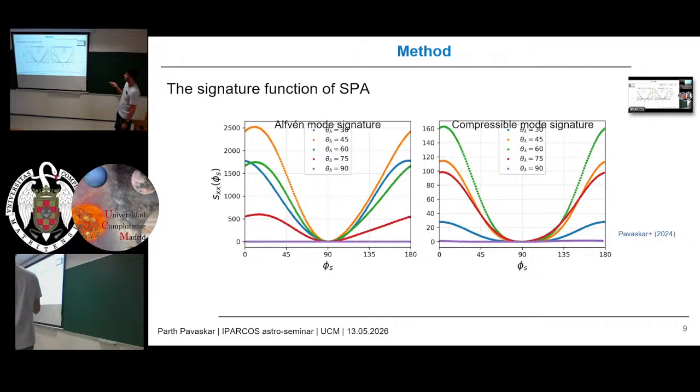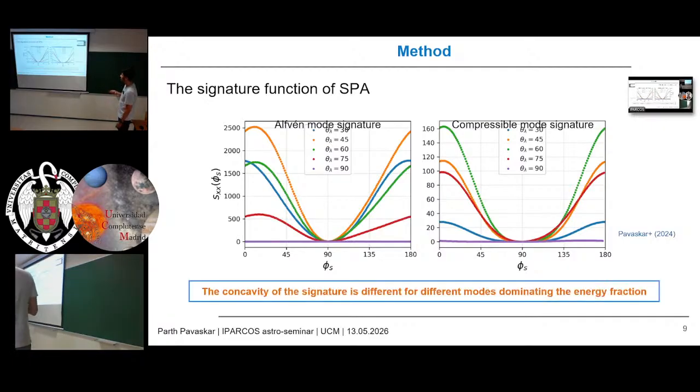Apparently, the Alfvén mode produces a narrower valley, and the compressible mode produces a wider valley. This is exactly what they also observed in the original paper, and I computed this with a bunch of different simulations, and we did find out that this still happens. So it was not a fluke or something that they fabricated, but it did show up in my calculations.